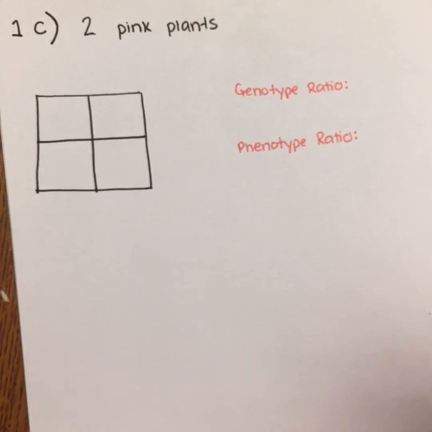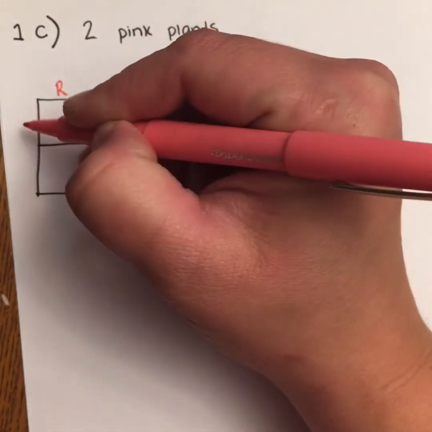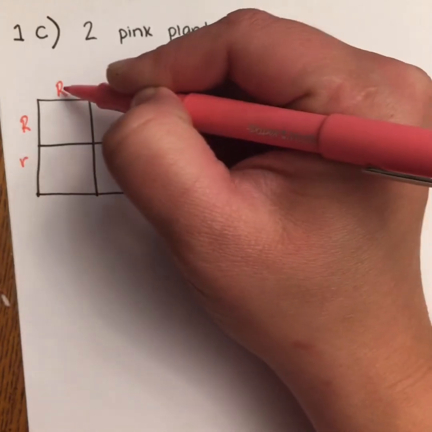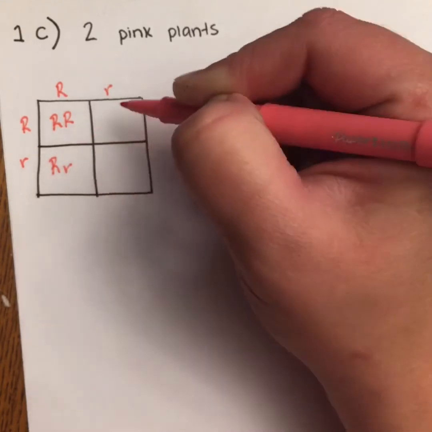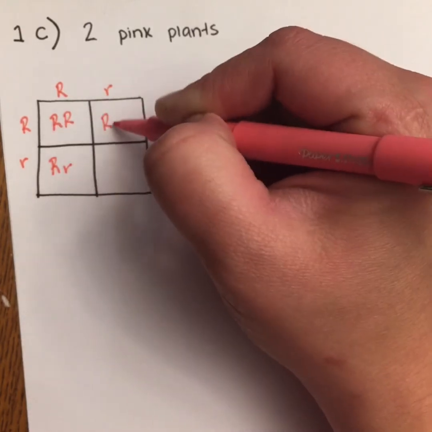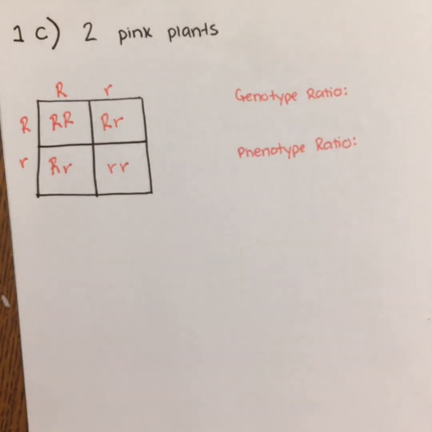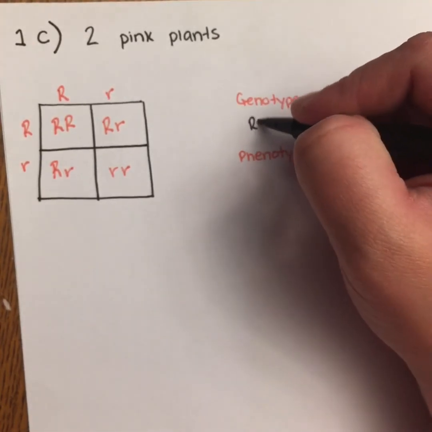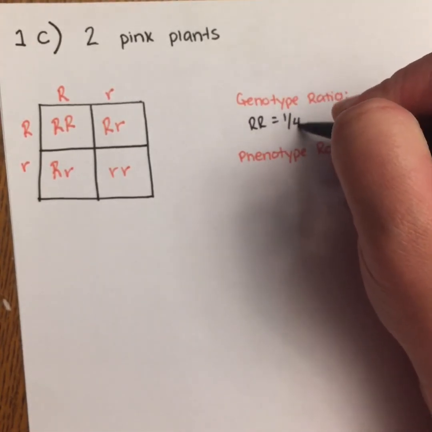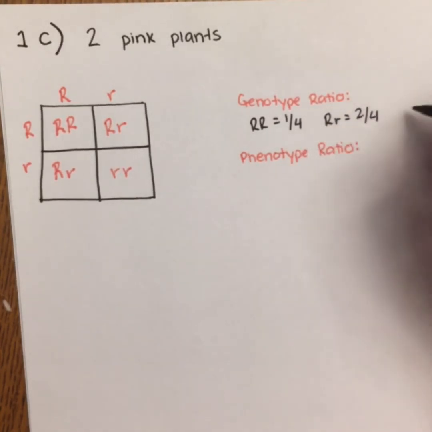Let's try one more example together and cross two pink plants, in this case big R little r and big R little r. So this box will have big R, then big R, then big R and little r, and then 2 little r's. So if we go back into our genotype ratios, in which case we have big R big R, which equals 1 out of 4, big R little r equals 2 out of 4, and little r little r equals 1 out of 4.